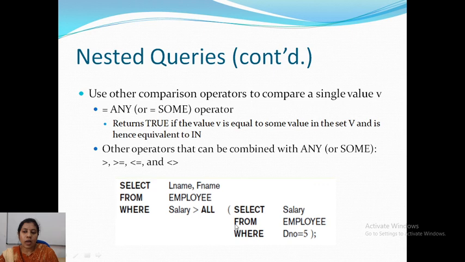So how will I get the salary of employees working in department number 5? This query will give you the different salaries of employees working in department 5, and this is the outer query. In the outer query, I'm fetching the last name and first name of the employee, and I'm comparing the salary of employees.